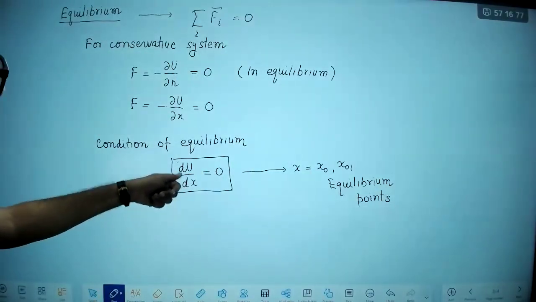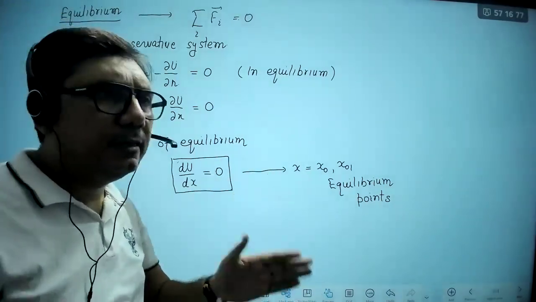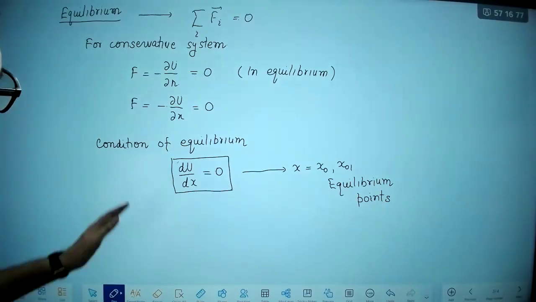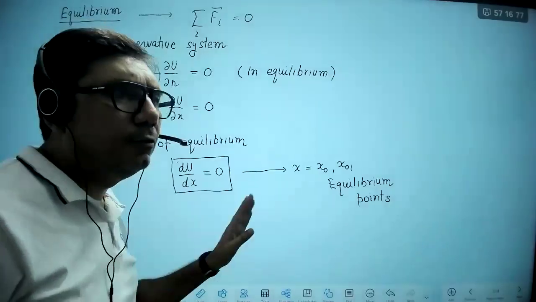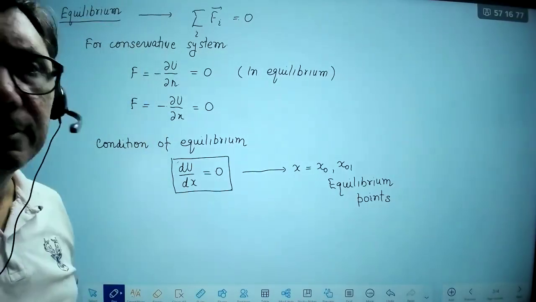If dU by dx or del U by del x is 0, it means at these points the net force acting on the system will become 0. So this is the condition of equilibrium, and by using this equation, you can always find equilibrium points.